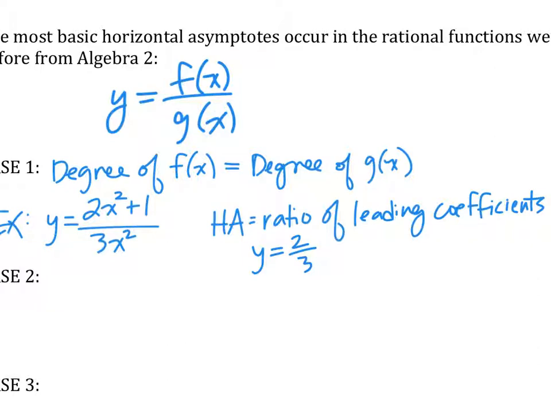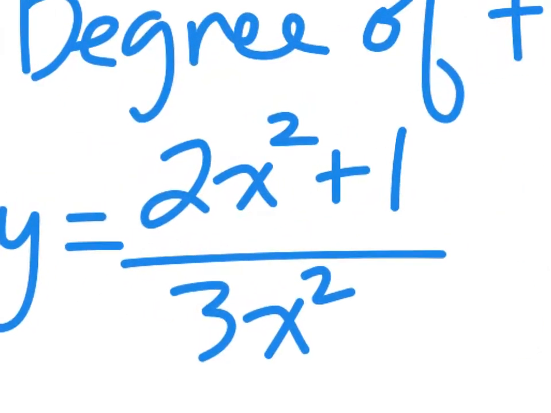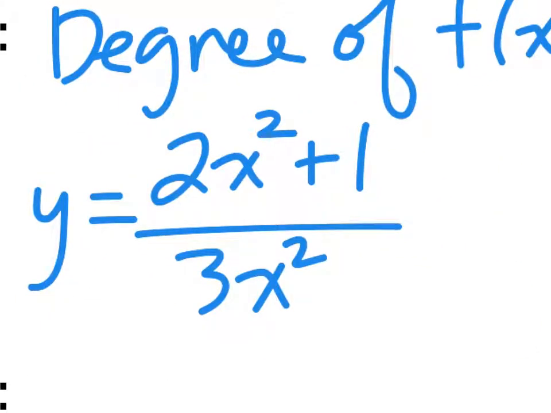This year, since you're in calculus, we can't just remember these rules. We have to know why it works this way. Remember, horizontal asymptote is what happens when you go to infinity this way and that way, basically meaning super large numbers. When x is a super large number, in 2x squared plus 1, does it matter if you have a 1?